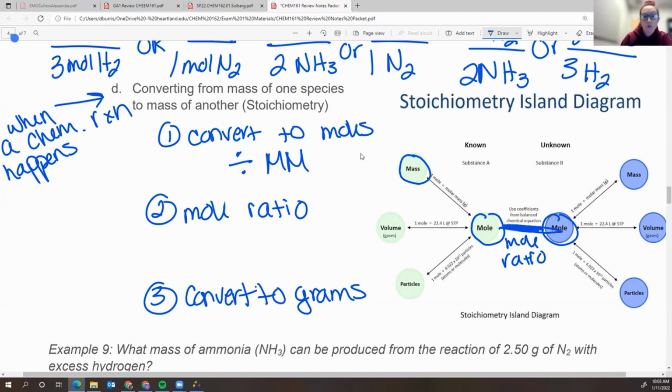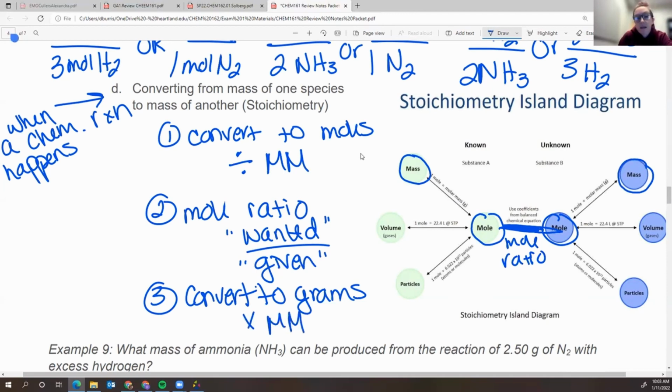Another way to say how the mole ratio should always be set up is your wanted over your given. Wanted is the thing you're trying to find, and given is the thing I gave you in the problem. You multiply by your mole ratio, and then if I ask for grams, convert back to grams by multiplying by the molar mass of your new thing.